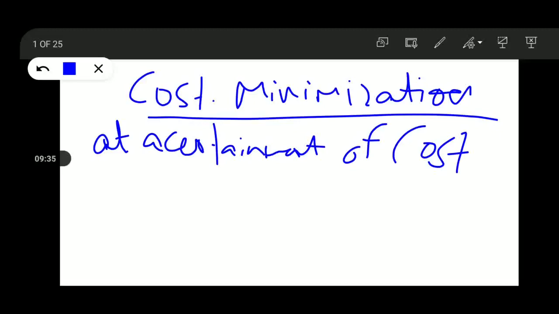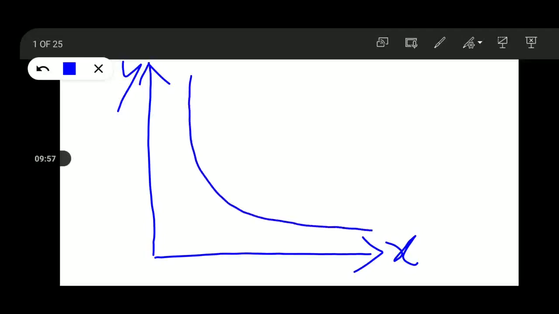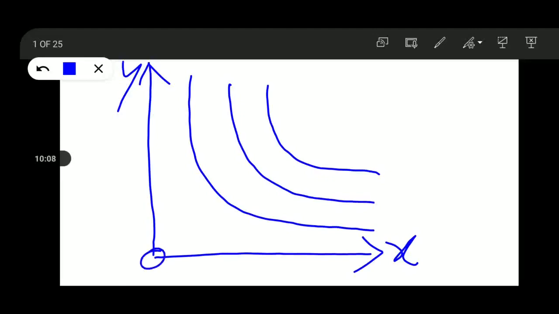Now let us draw these isoquant curves. These curved lines, convex to the origin, are known as isoquant curves.